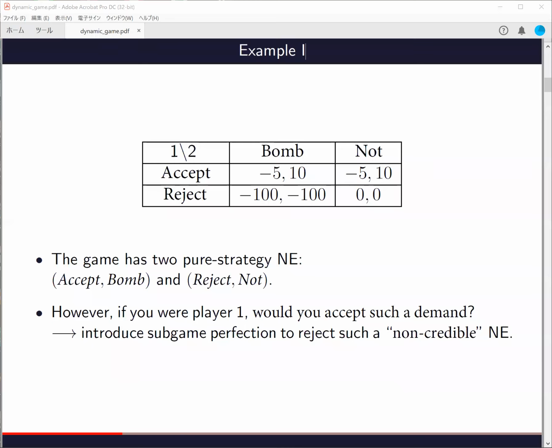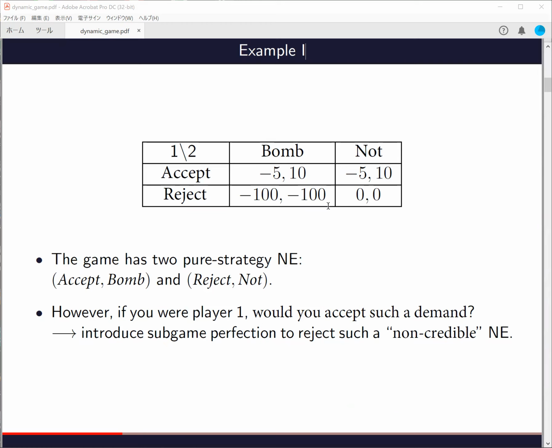The payoff matrix of this game can be written in the form of normal form as shown on the slide. If player 1 rejects the demand and player 2 blows up the bank, then both players die and their payoffs are -100.